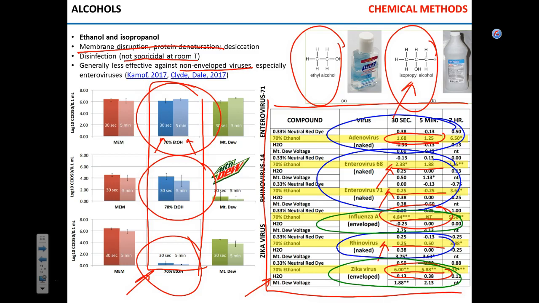What does that mean for you? Be conscious. If you're in the hospital, alcohol-based hand sanitizers are really good against influenza. That's what you have to be concerned about now. It's still season, right? So use them.